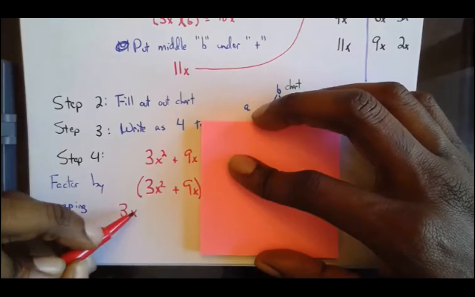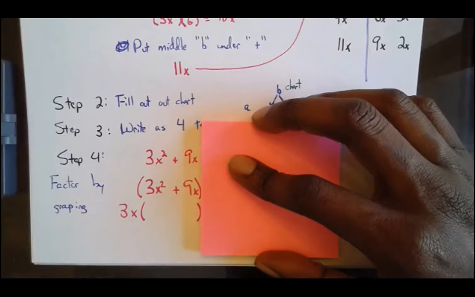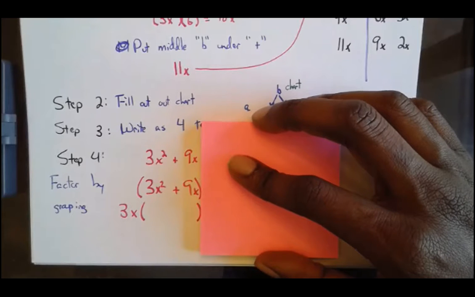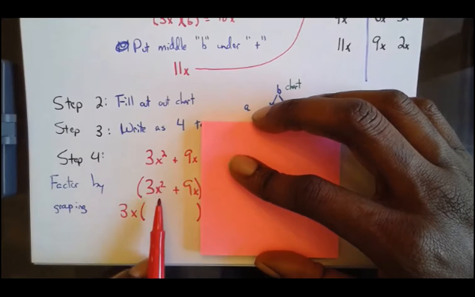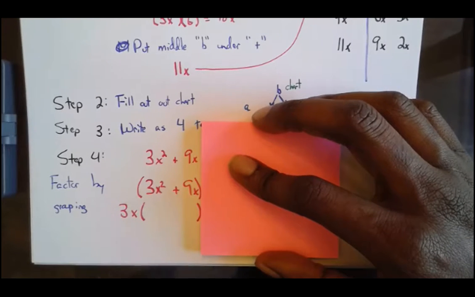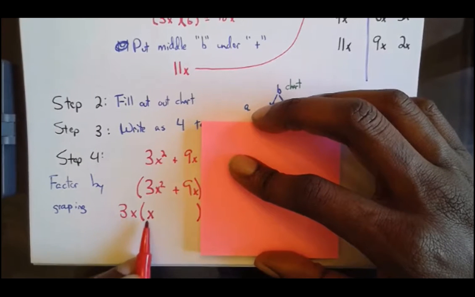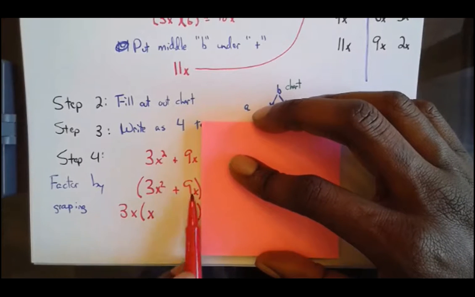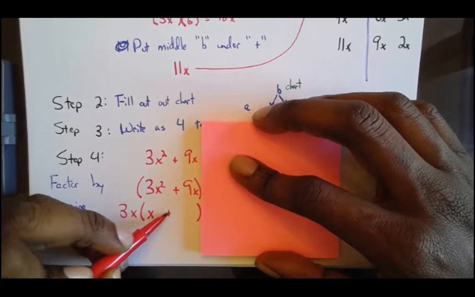Now, if I remove 3x, look closely and see what's left. If I remove a 3x from 3x squared, I'm left with x, because 3x times x is 3x squared. If I remove 3x from 9, I'm left with what? 3.